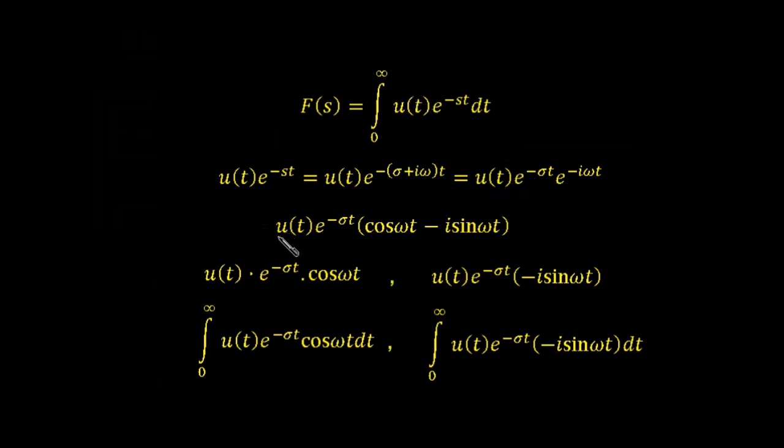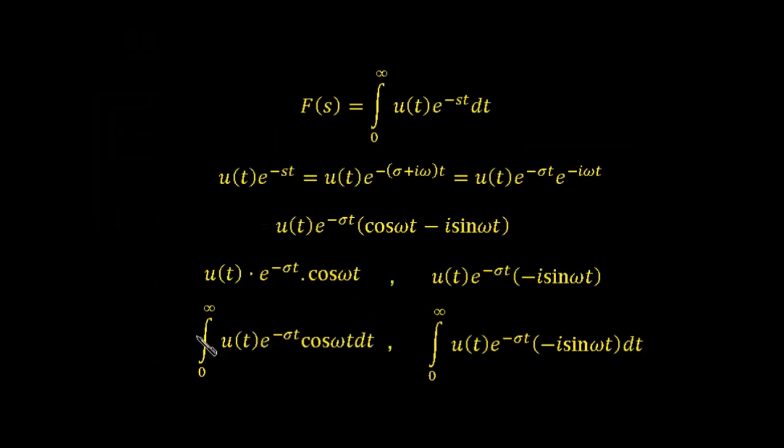And we know that we can replace e to the minus i omega t with cos omega t minus i sine omega t. So again we're left with this part here, and then we can multiply this out and we're left with u of t e to the minus sigma t cos omega t, minus i u of t e to the minus sigma t sine omega t.